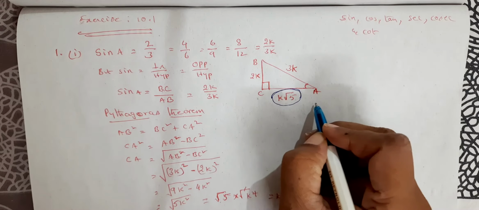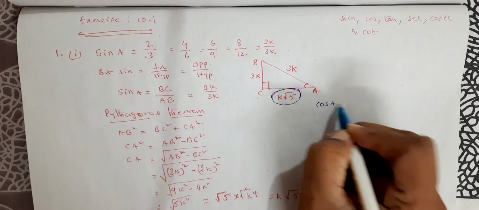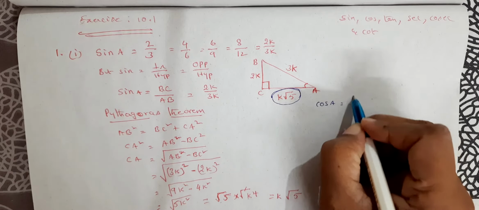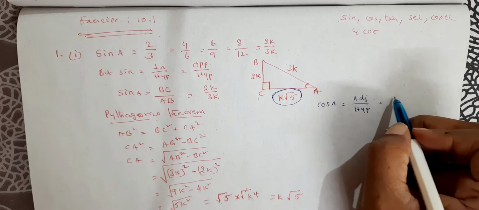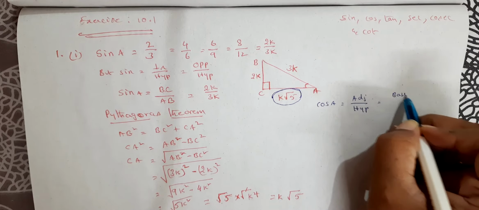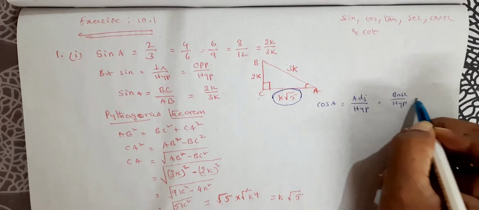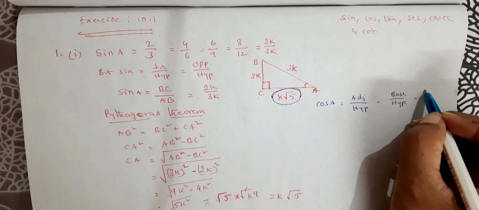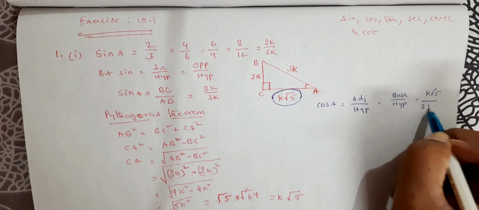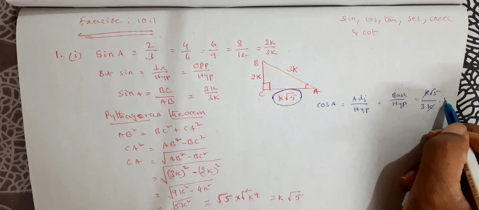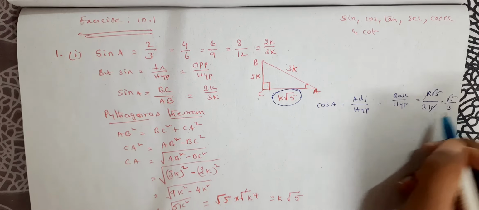Right. So now to find out the other trigonometric ratios. Cos A is equal to adjacent by hypotenuse, or rather I can say base by hypotenuse. What is the base here? k root 5 by hypotenuse 3k. k will get cancelled, so root 5 by 3.